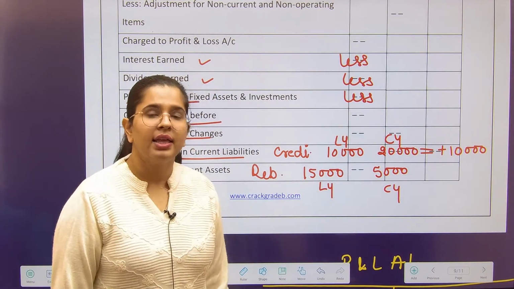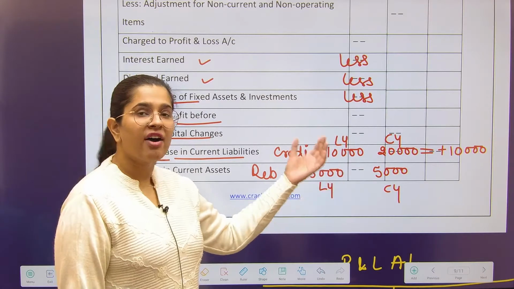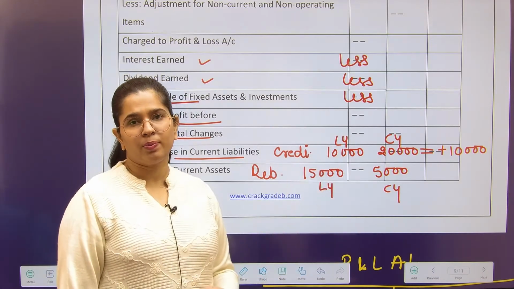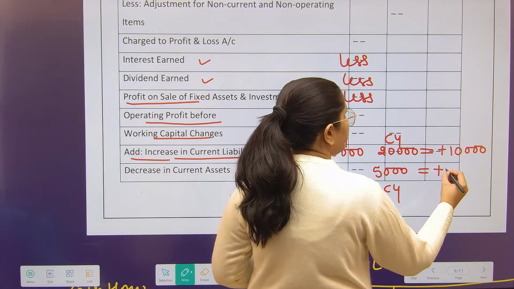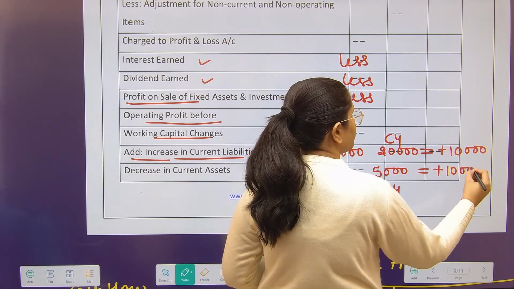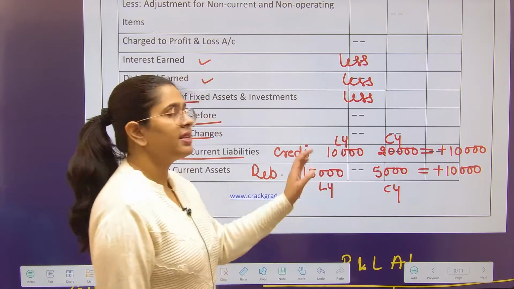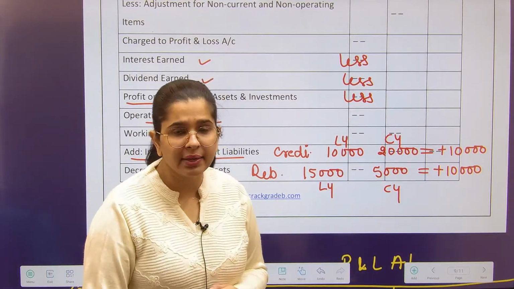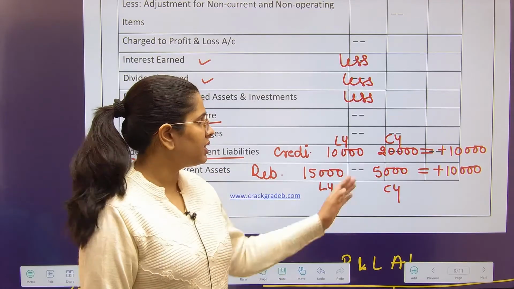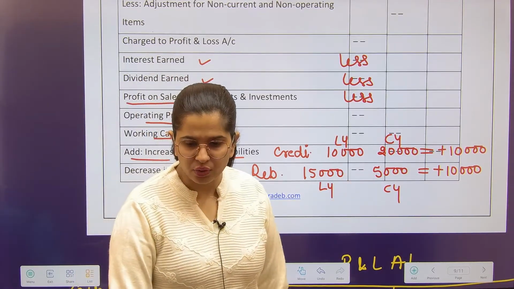What does that mean? That means you have collected 10,000 rupees from debtors. It means there is an inflow of 10,000 to you. Debtors decreased means what? Obviously they will decrease when you are able to collect money from them. So in this scenario you will add 10,000 rupees.